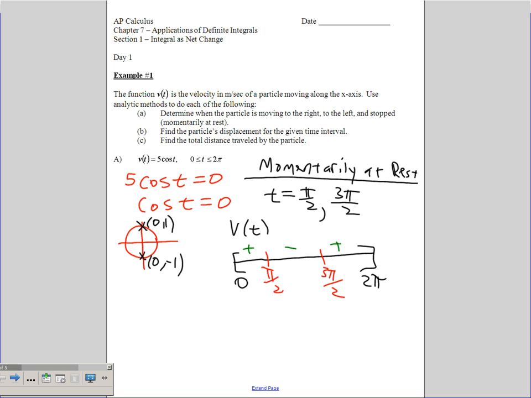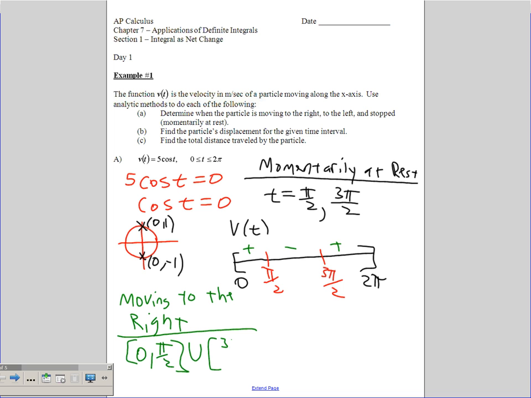So we know this function is going to be moving to the right from 0 to pi over 2, in union with 3 pi over 2 to 2 pi.